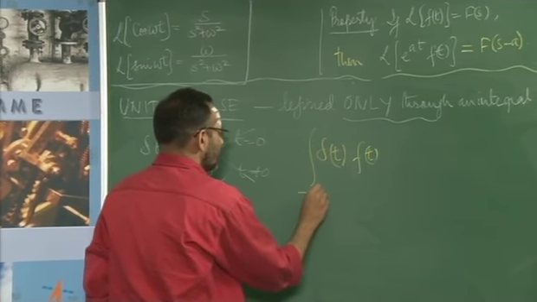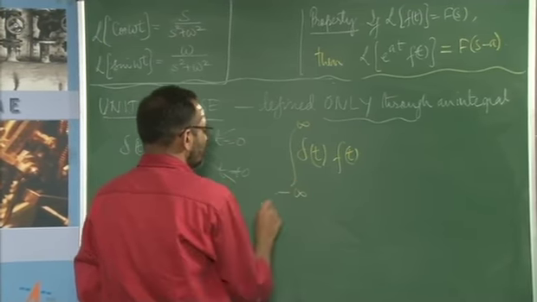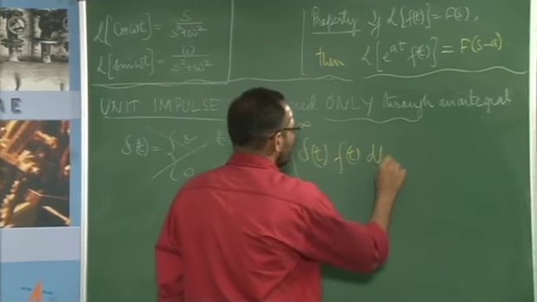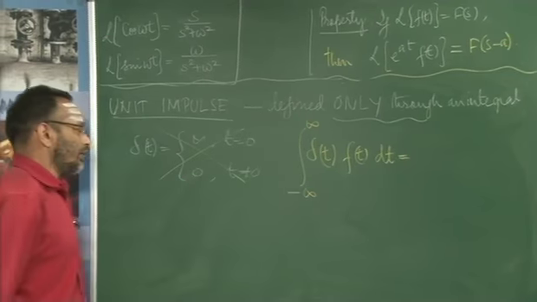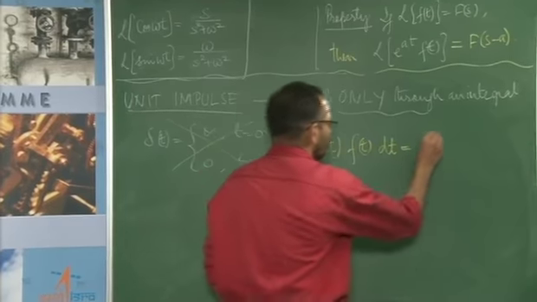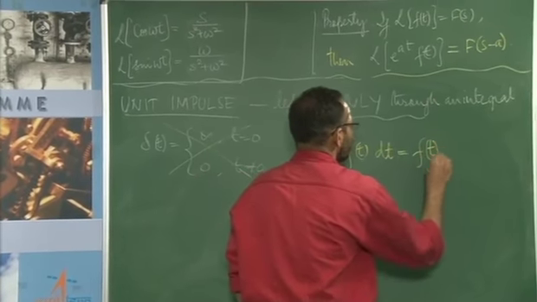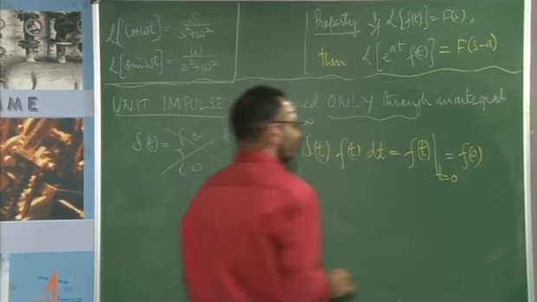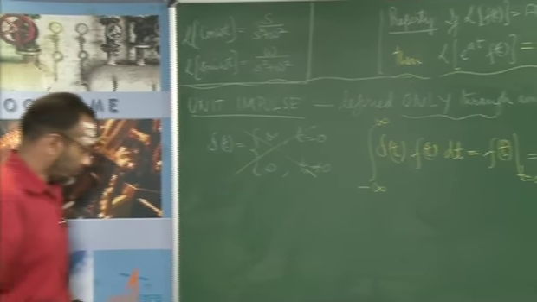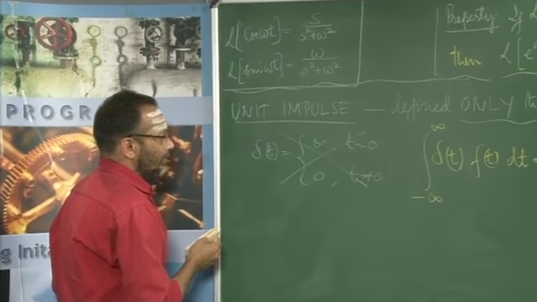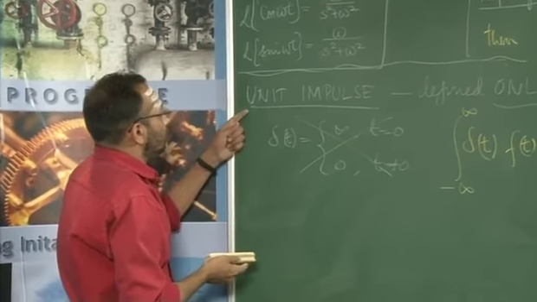Now, if I take this integral, t going from minus infinity to infinity, and integrate this with respect to t, I am going to get the value of this function at t equal to 0. So, I will get f of t at t equal to 0, that is f of 0. So, this is how I am going to define the delta function, the unit impulse.